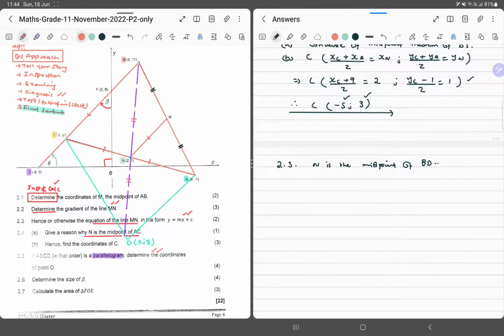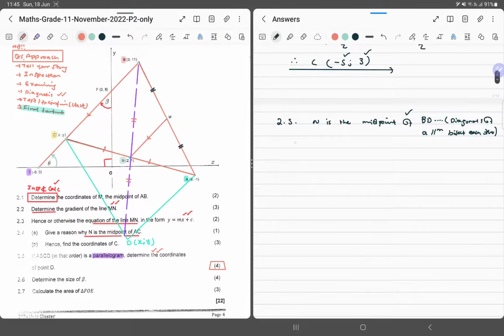What is the reason? The diagonals of a parallelogram bisect each other. Okay, so this statement is important, very important. It's a mark. You can see there you're getting 4 marks, so there's no child's play there.